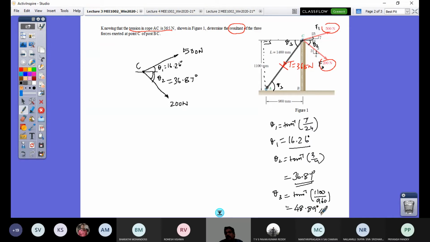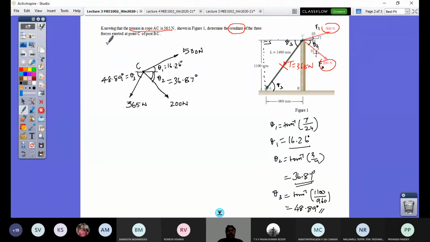This angle is again to the horizontal, and that force is now the third force, the tension, given by 365 Newton, and theta 3 to the horizontal is 48.89 degrees. So that's all.